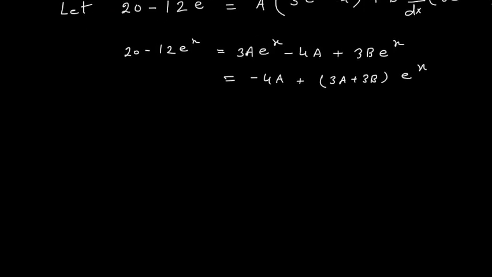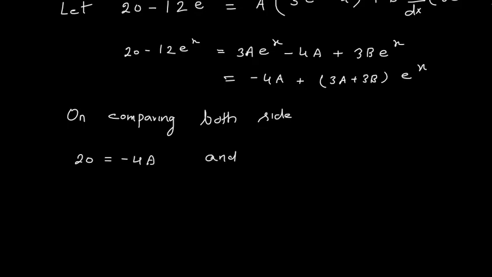So on comparing both sides, what we get is this 20 is equal to minus 4a, and this minus 12 is equal to 3a plus 3b.